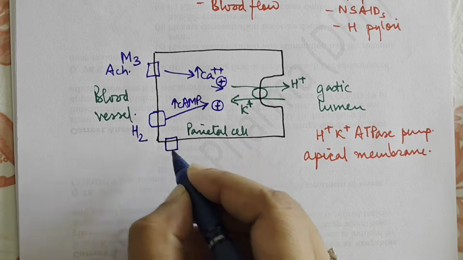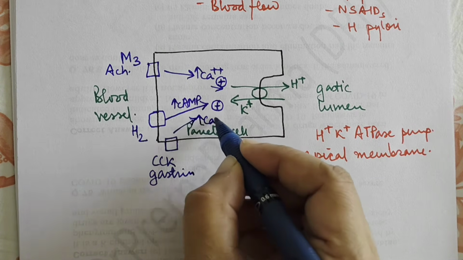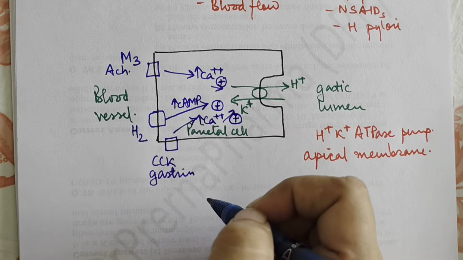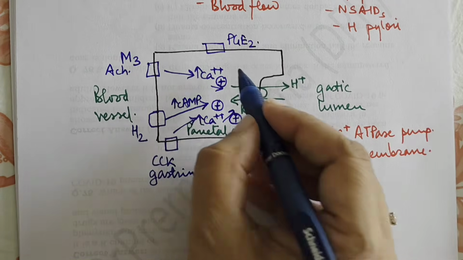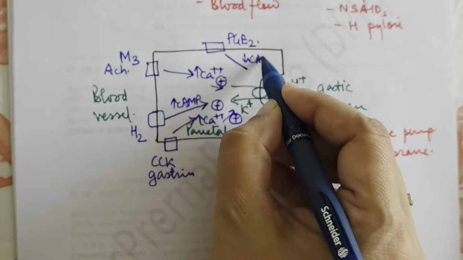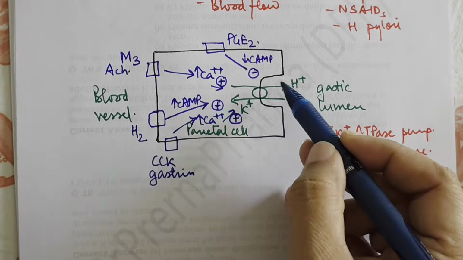Then there are hormones like CCK and gastrin. They also increase the calcium and they also have a positive influence, okay? Then there is another thing which is called PGE2, that is prostaglandins. Prostaglandins decrease cyclic AMP and they have a negative influence on the hydrogen potassium ATPase pump, meaning they inhibit it. Okay, so these are the various targets and the main target is this directly.